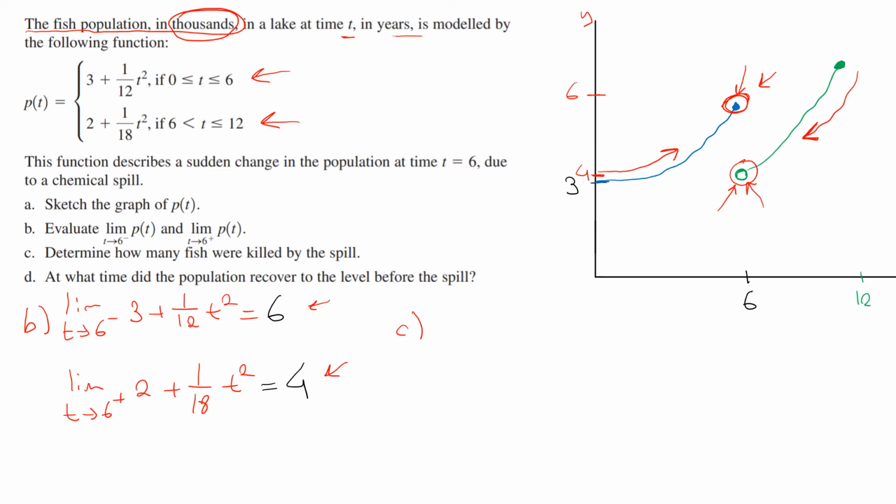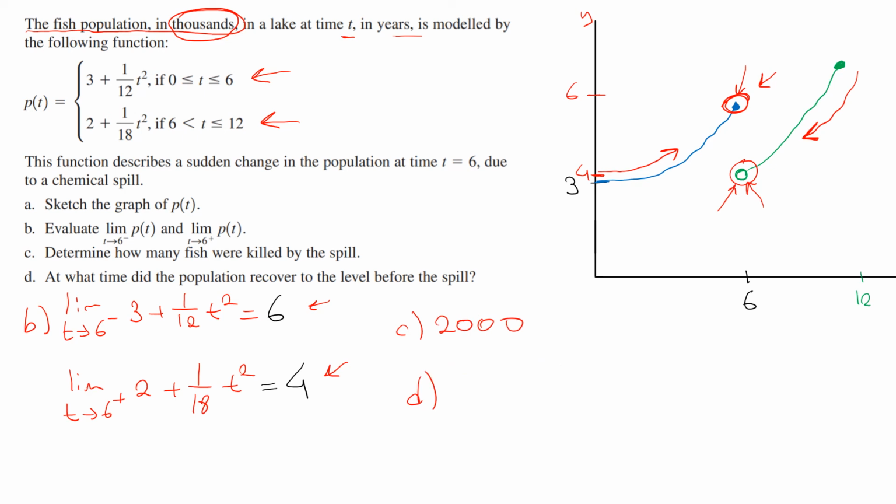Because it says 6 for the first one, it's actually 6,000, and for after the chemical spill, my y value is 4, so that means it's 4,000. If I say minus 4,000, that's going to give me how many fish were killed by the spill, which is 2,000.